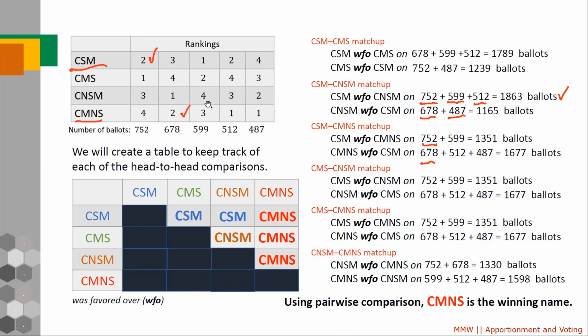Next, the 599 goes to CSM. Then the next one goes to CMNS. So the total is 1,677 ballots. So the winner here is CMNS.